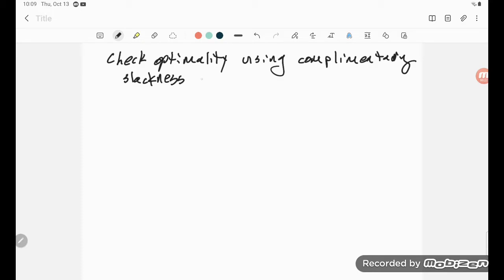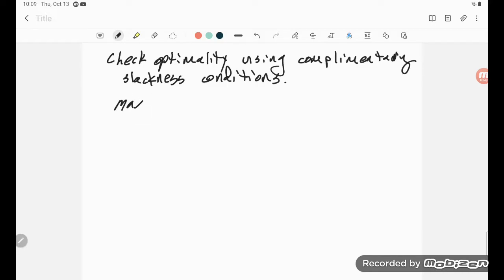So this is one application of being able to use this duality and complementary slackness. I ended up using a much smaller problem than what they had in the text reading.